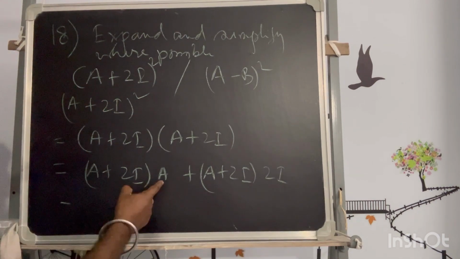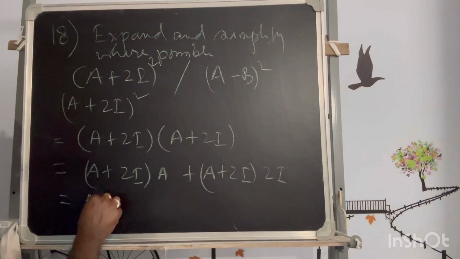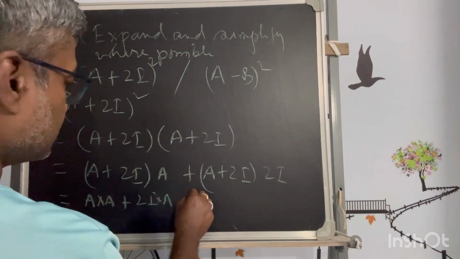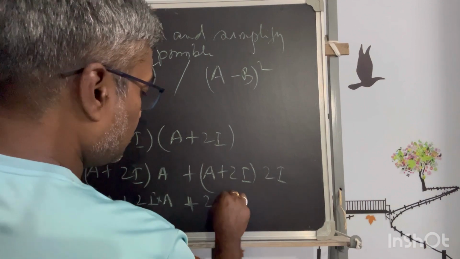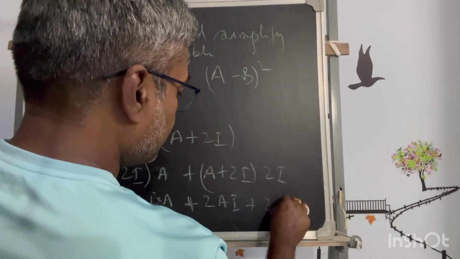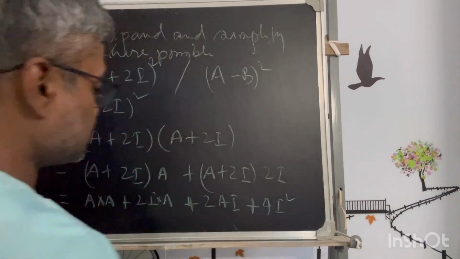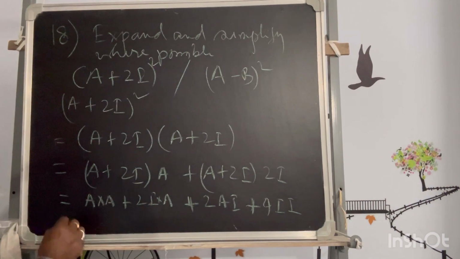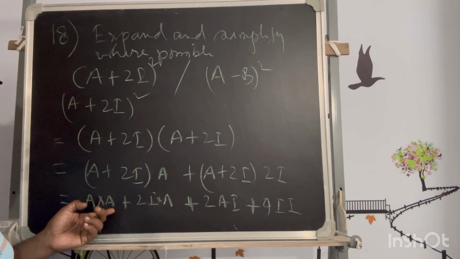Now when we multiply further, this is again associative, so A into A plus 2 into I into A. Then again 2 is also a scalar, so 2 can act like anything. So 2 into 2, 4, because for scalars there is no restriction on multiplying, and this will be I into I. So A into A is what we will get; for any matrix, A into A is a square.